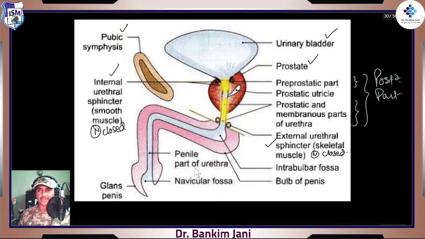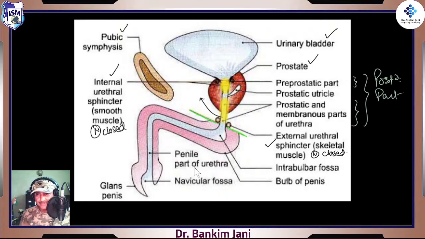Not at all difficult, right? That's the pelvic diaphragm. Hope you remember that if there is any injury over here, then that urine will extravasate into the peritoneal cavity.